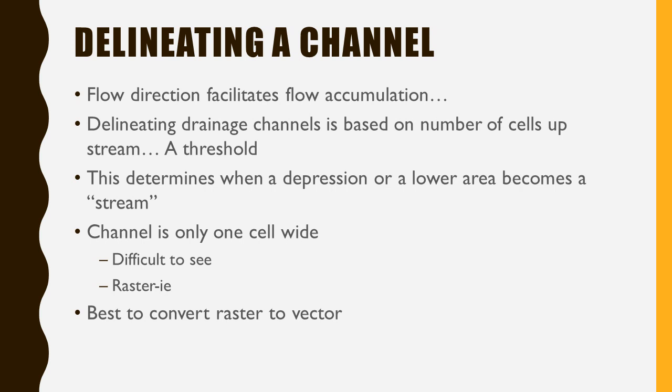So this helps you figure out when something actually becomes a stream. A channel in general is only one cell wide and is difficult to see, and it is very raster-like. And so oftentimes once you identify these things, it's best to convert them into a linear feature, not a grid-based feature, because it will be much better for the other analysis that you do later on.